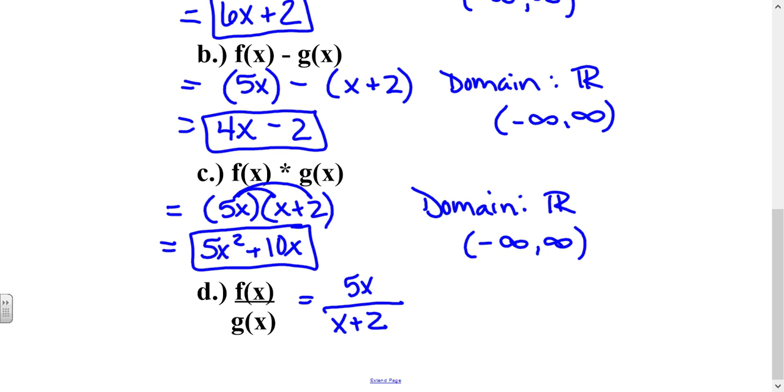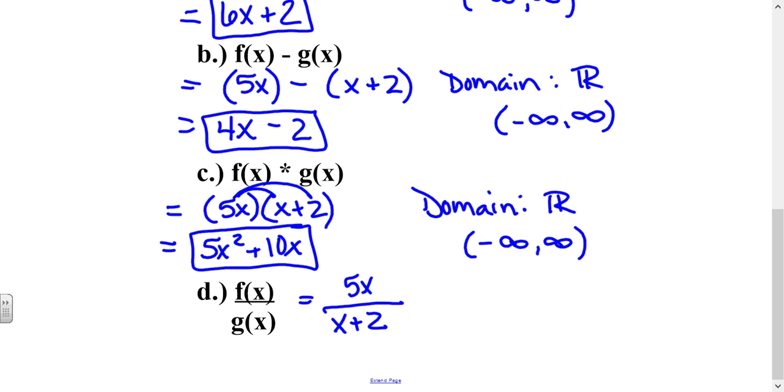Now for this one, I know the domain of the original functions are both all real numbers, and I can plug in anything I want on the top for x, but because this is a fraction, I have to pay attention to the bottom, because when we have fractions, you can't divide by 0. So if this bottom part is equal to 0, then I'm in trouble because it would be undefined.